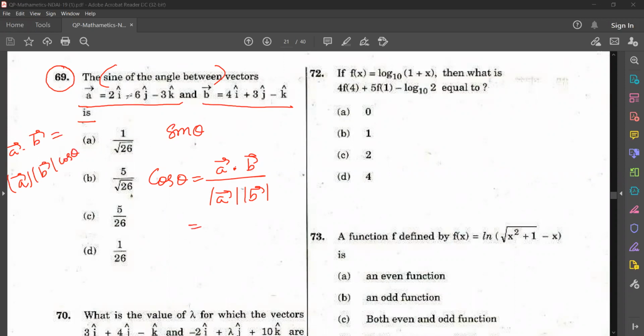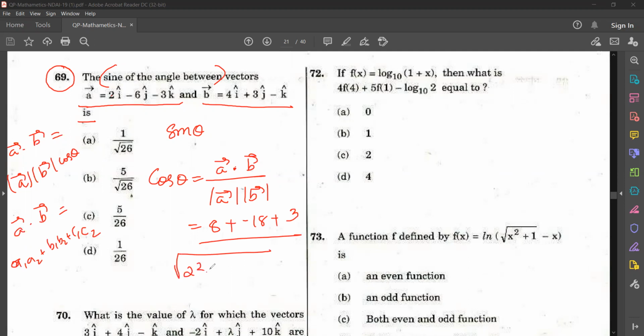So apply A dot B. If we are given two vectors, how to do A dot B? That is A1 A2 plus B1 B2 plus C1 C2. So here 2 into 4 is 8, plus minus 6 into 3 is minus 18, plus minus 3 into minus 1 is positive 3, by magnitude of A. Magnitude of A means root of x square plus y square plus z square.